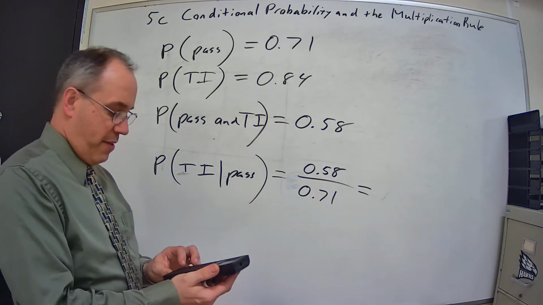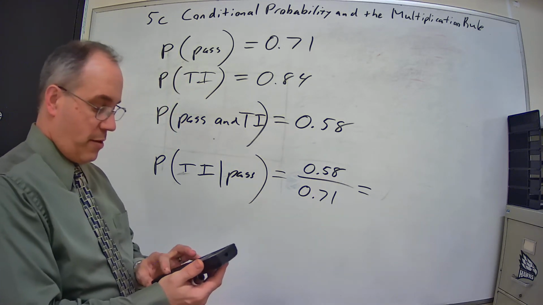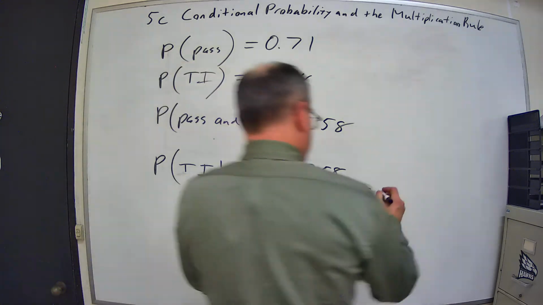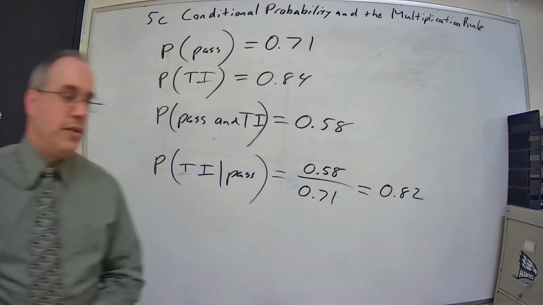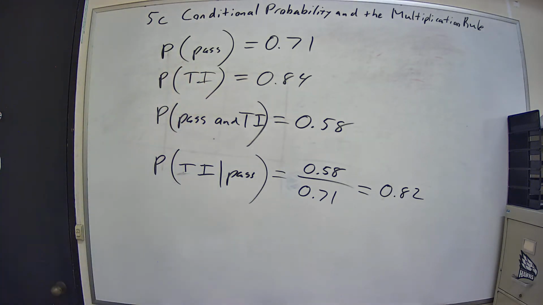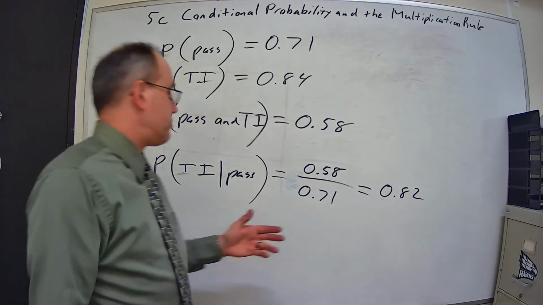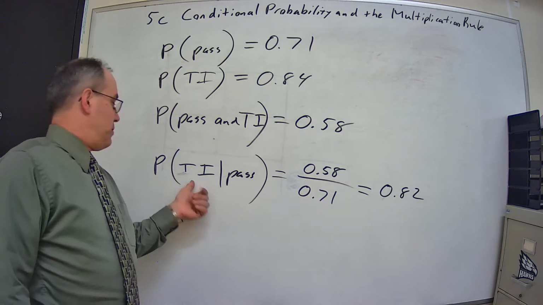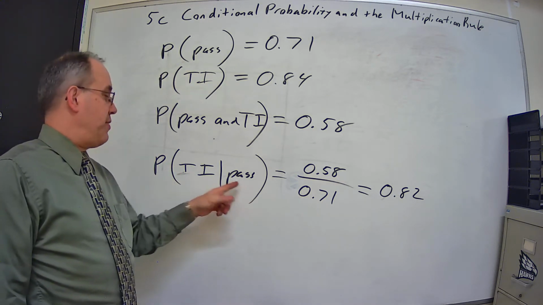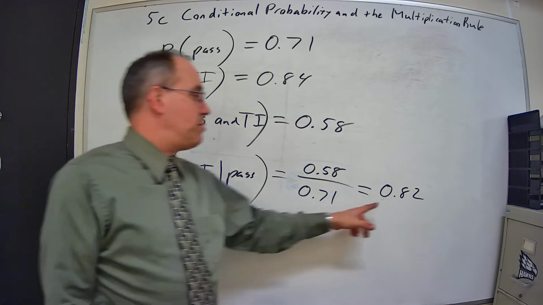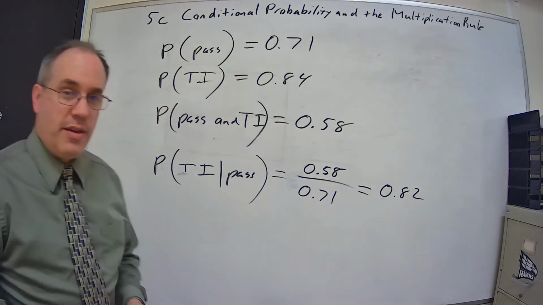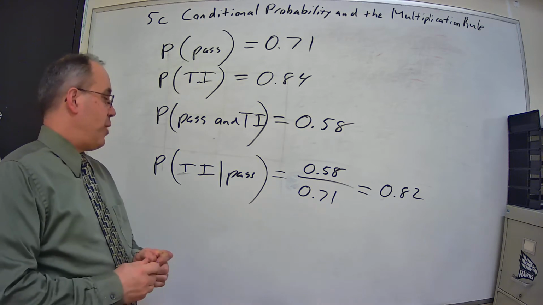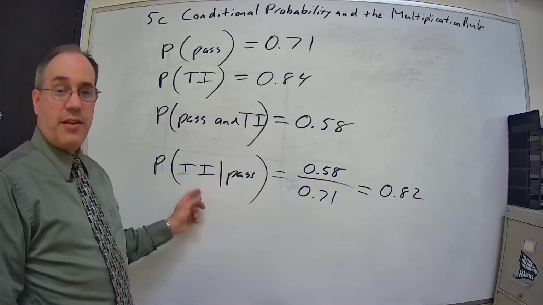So we got 0.58 divided by 0.71, which gives me approximately 0.82. So the probability that someone has a TI calculator given that they pass the class is 0.82. So 82% of the people who pass the class have a TI calculator.